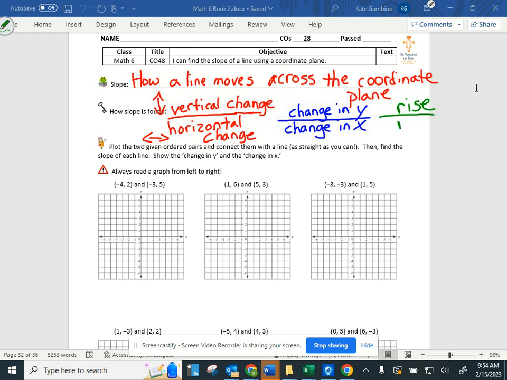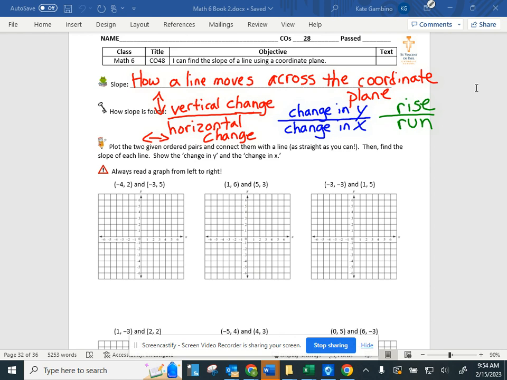So that change in x, we call the run. A lot of times you'll hear people refer to the formula for slope as rise over run. So you put that change in the y, your rise, that balloon going up or down, on top. And the bottom is the run. You're running across the ground. Rise over run.